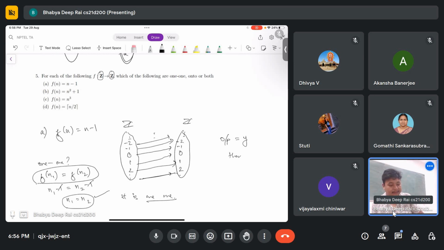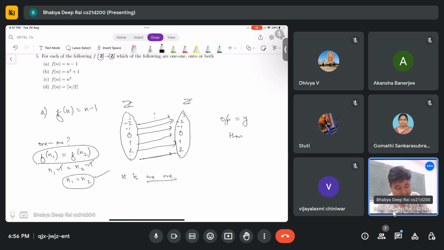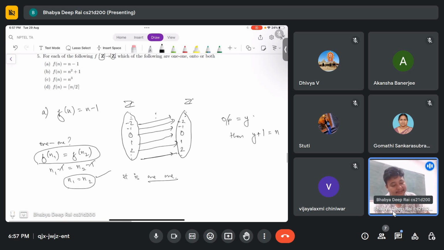then if output equals y, then I can always do y plus 1 equals n, or in other words, this is f of n, right? So y equals f of n, which is n minus 1, and n equals y plus 1. And what is y? Y is the input corresponding to this, right?